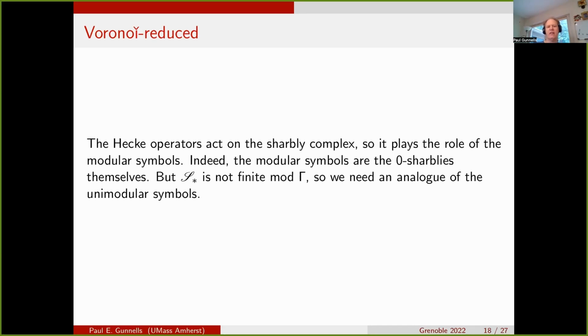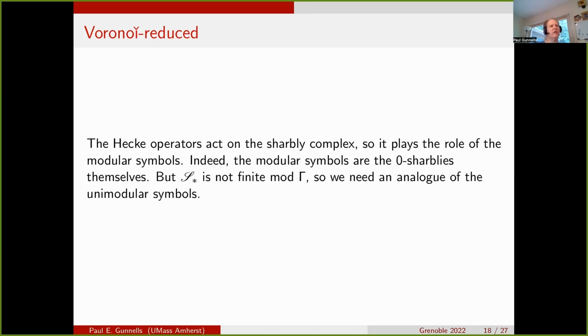But the complex is not finite modulo gamma. Even if I look at the zero Sharbleys, those are just n by n matrices with integral entries where the determinant is not equal to 0. That is certainly not a finite set modulo anything inside SL_n(Z) because the determinant can be arbitrarily big. So we need something like the unimodular symbols.